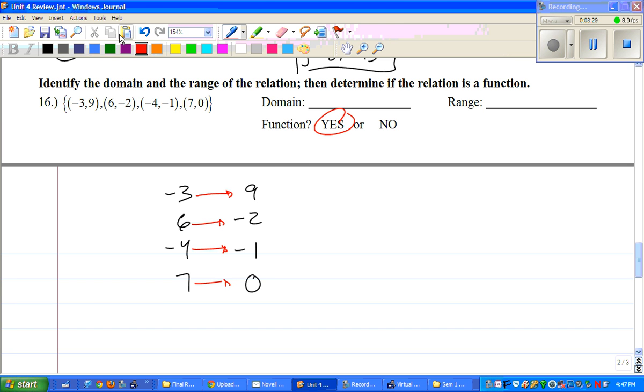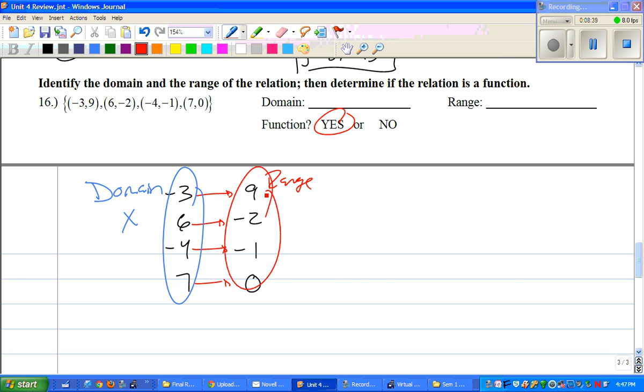Okay? Now, the domain is all of your x, and the range is all of the y's. We just have to put those guys in order from least to greatest. Okay? So, for the domain, we get to use those really cool brackets.